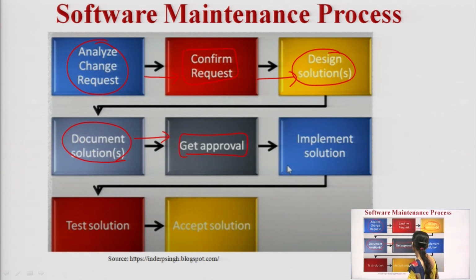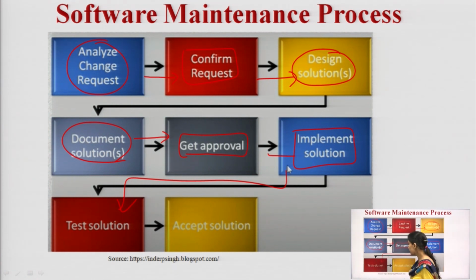After getting the approval, we will do the implementation of the solution. Here I will be implementing my new solution, and then I will move on to the testing phase. So, this solution that is implemented means the new code is written as per the changes, and now it will be tested.